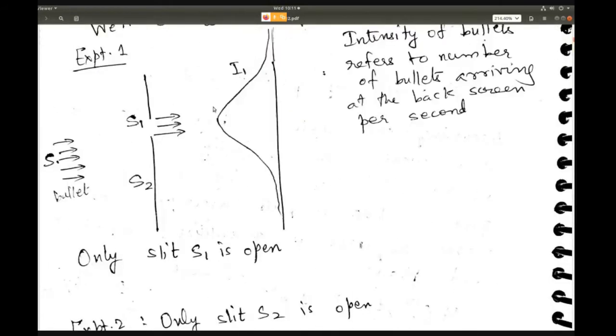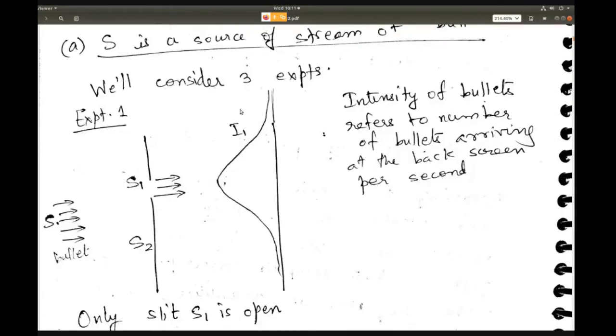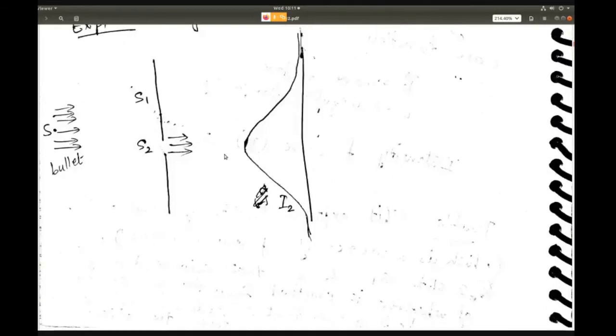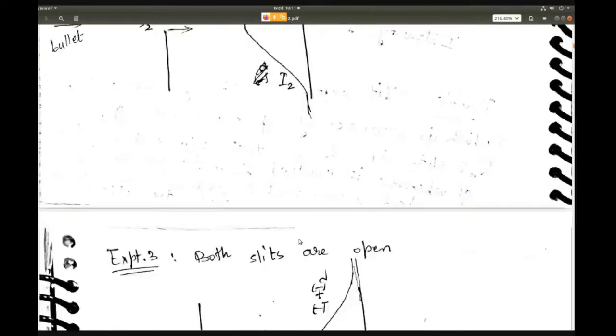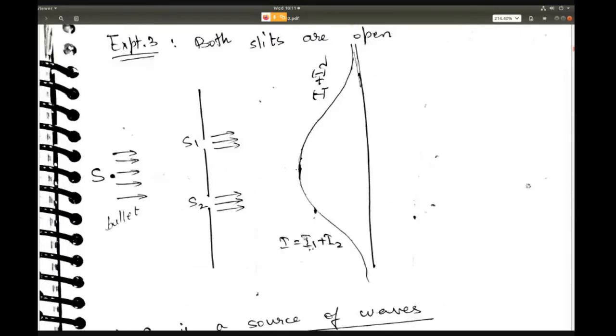In the first experiment the intensity was I1, with bullets only from S1. In the second it was I2, with bullets only from S2. In the third experiment, the profile adds up to I1 plus I2. So the total intensity is nothing but I1 plus I2.